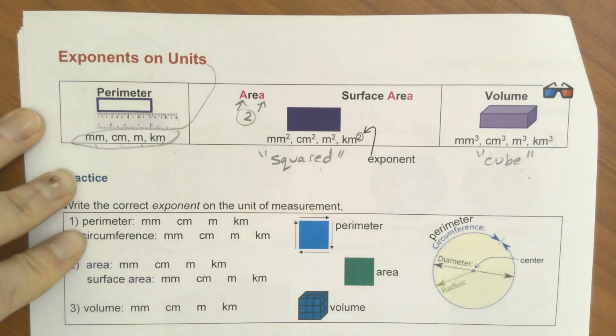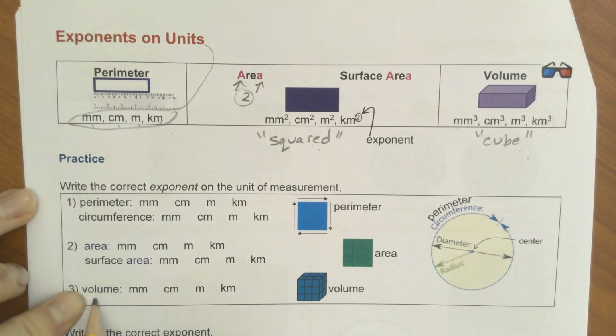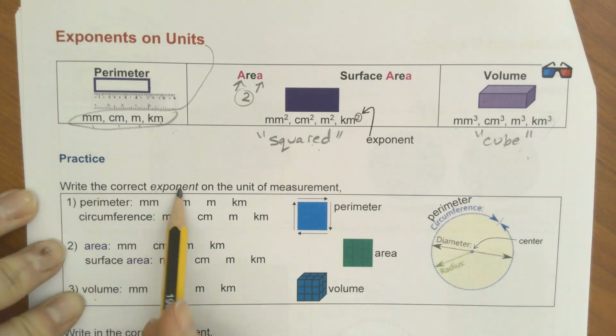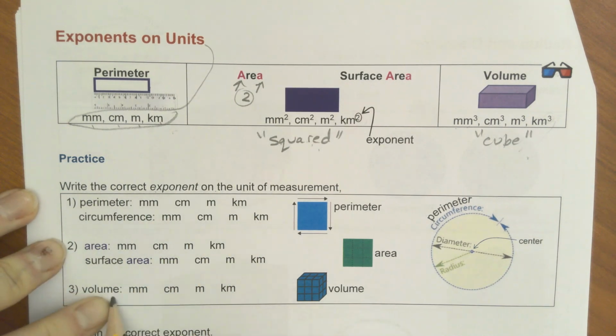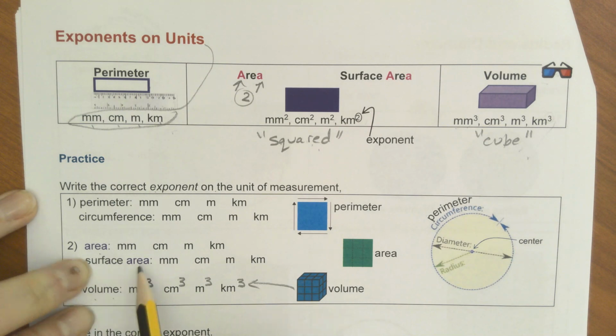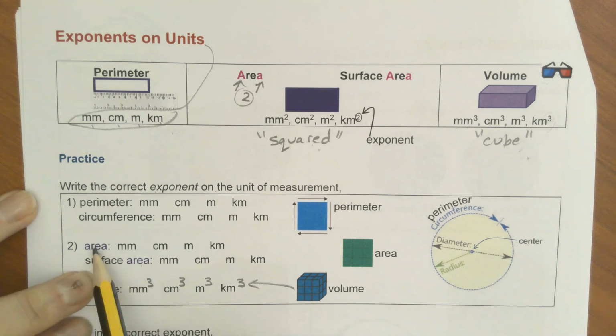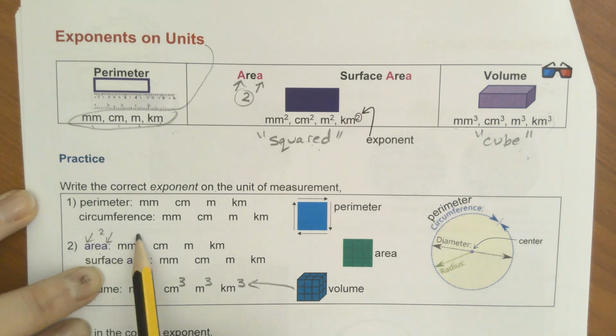Okay? So here, volume. Write the correct exponent on the unit. Volume is 3D, so I have to put millimeters cubed, centimeters cubed, meters cubed, kilometers cubed. Area, doesn't matter if it's surface area or area. How many A's are in area? 2. So I put a 2.